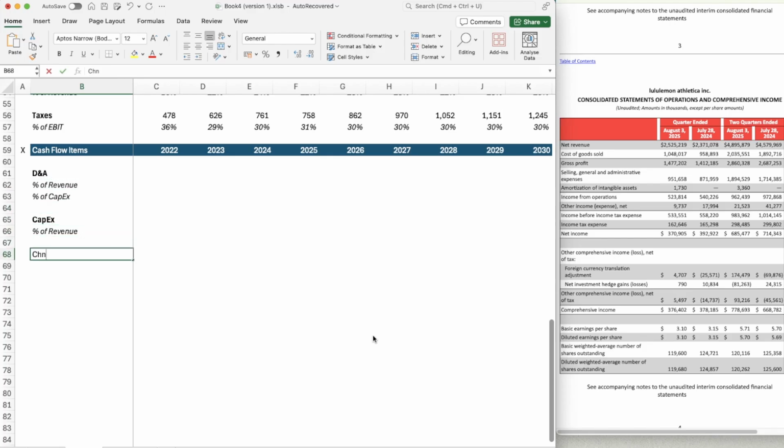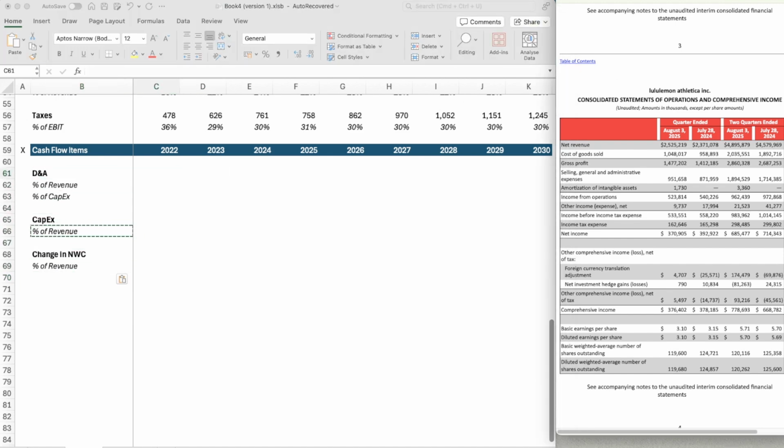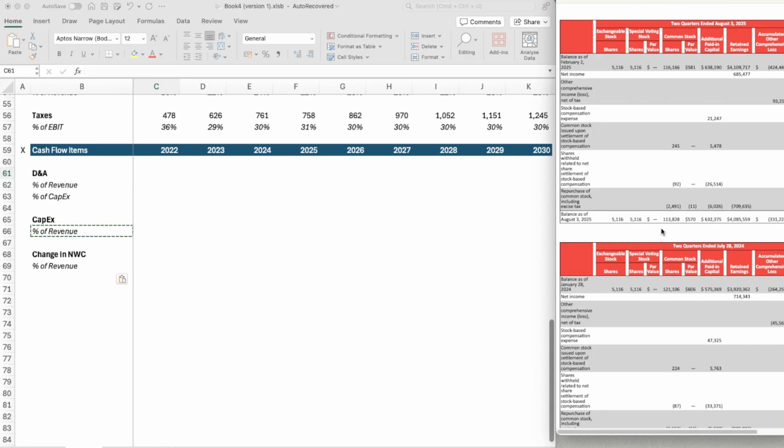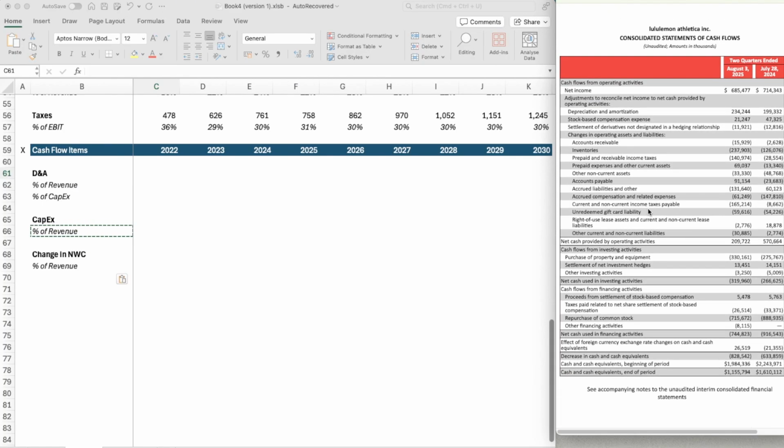Then we want the change in net working capital. I'll just call it the change in NWC. These are all found on the cash flow statement, which, as we mentioned earlier, is this one.